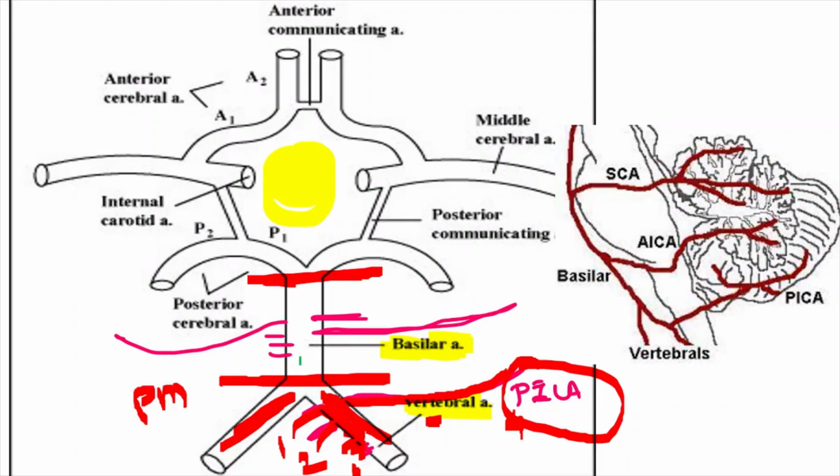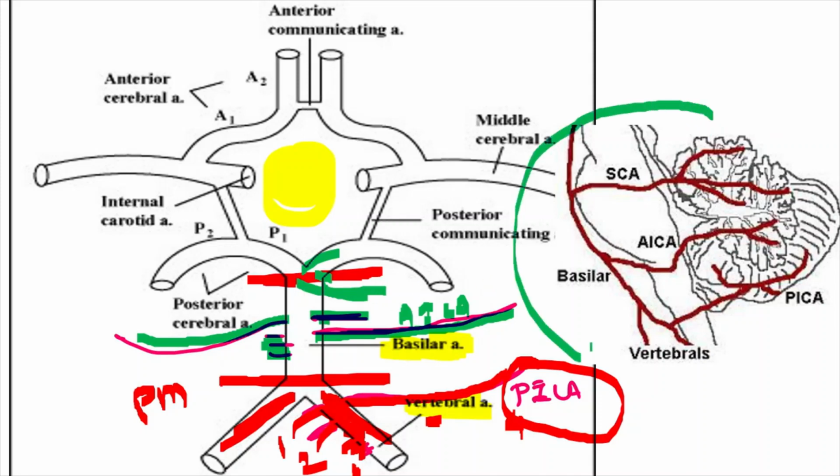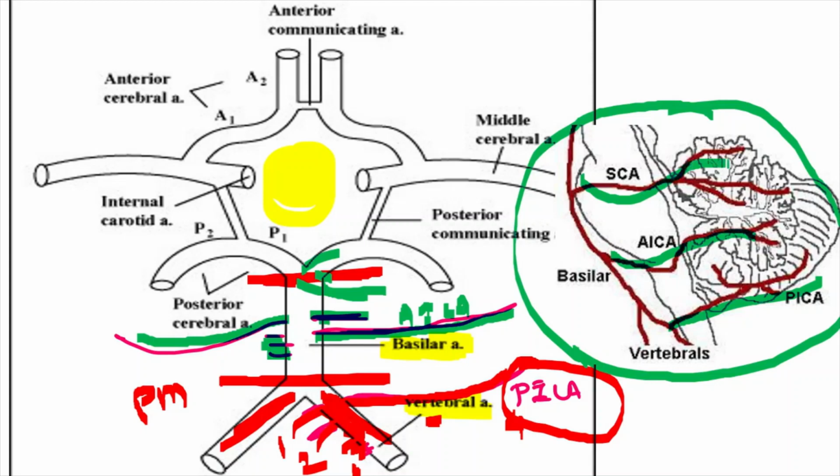And from the basilar artery, again 5 branches are there. Important branches are the pontine branches, the labyrinthine artery, then the anterior inferior cerebellar artery, posterior cerebral artery, and the superior cerebellar artery. If we take the cut section of the cerebellum like this, then you can clearly see where this PICA supplies, where this AICA supplies, where the superior cerebellar artery supplies.